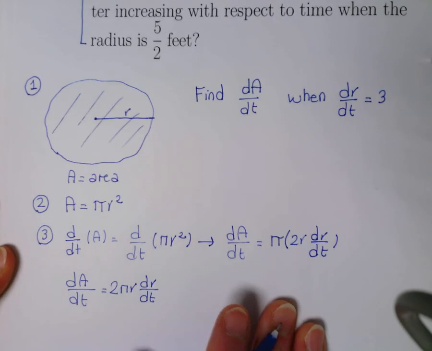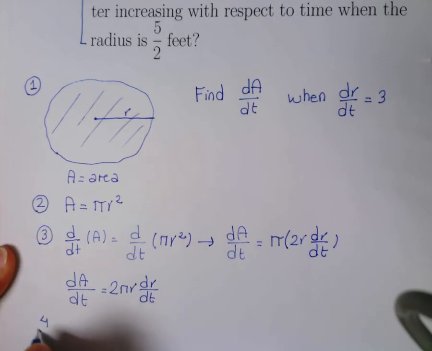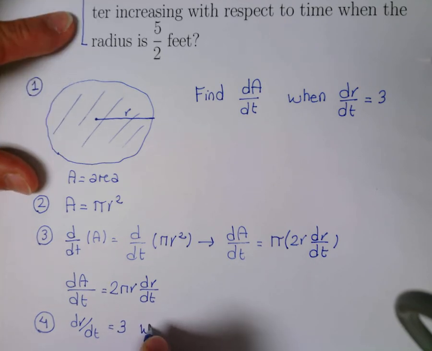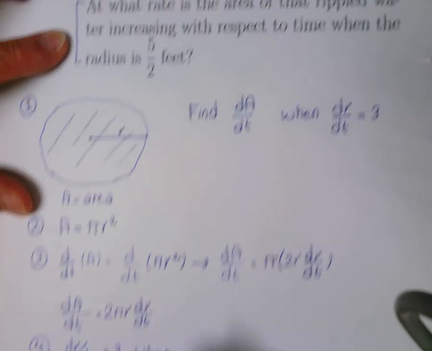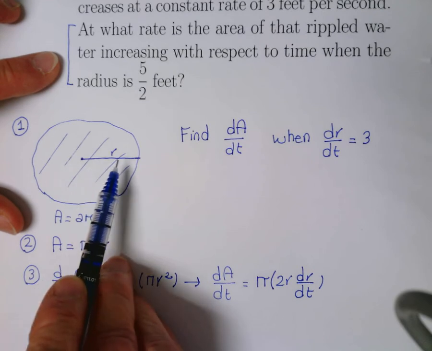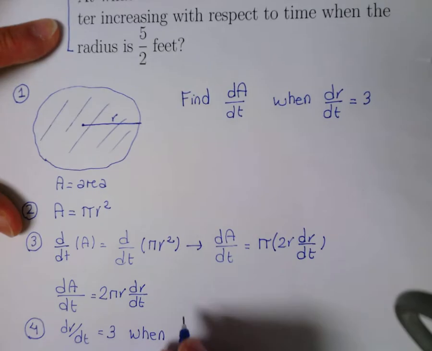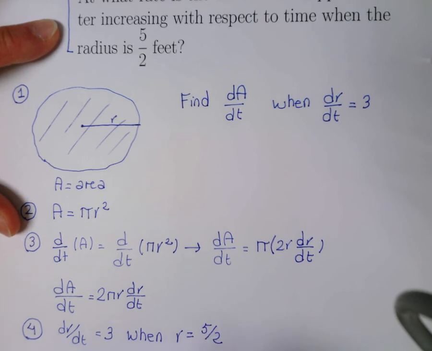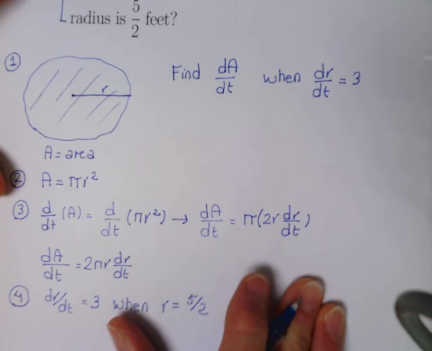Okay? Now we plug in. We know that dr/dt equals 3. And we're also trying to find how the area is changing at the instant when the radius is 5/2. The radius is always changing, but we want to zoom in on the instant when it's 5/2.